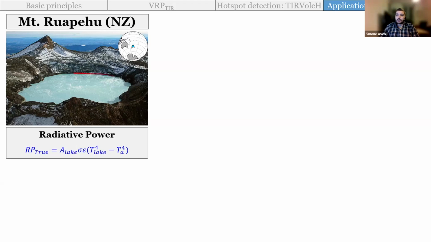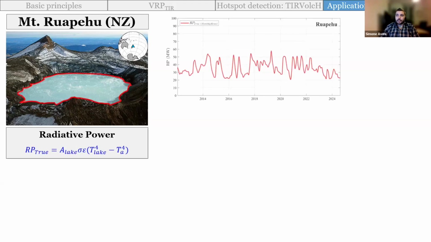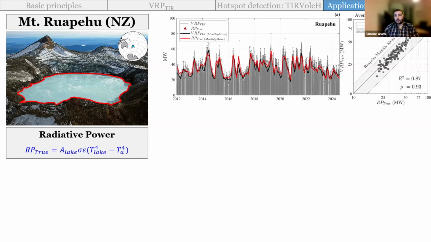With this information, if we put it into the radiative power equation, we can obtain the true radiative power sourced by Mount Ruapehu, and you can start to see the heating and cooling cycles that are well recognized there. So what happens if we take the same measure exclusively from satellite information, with the VRP from the thermal anomalies detected by the system? This is what we get.